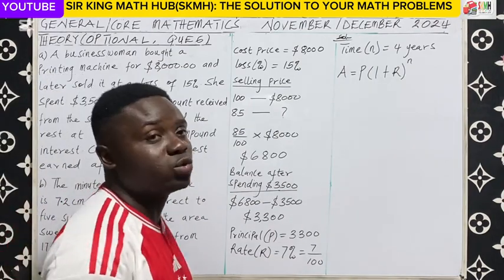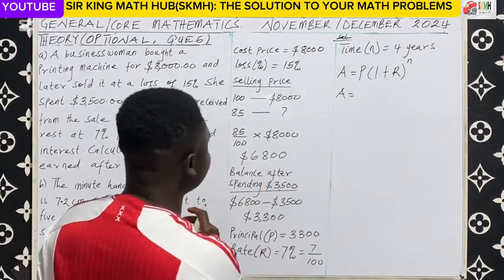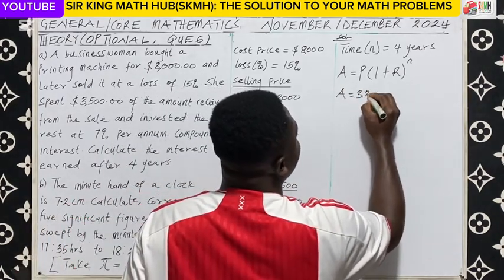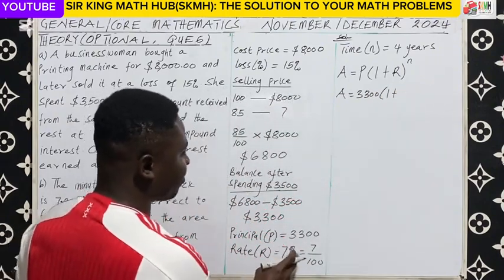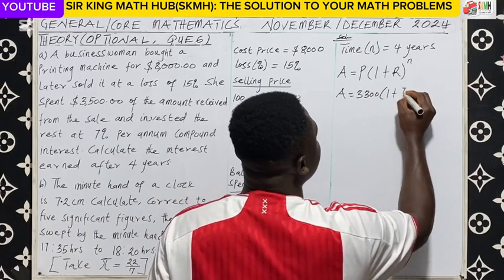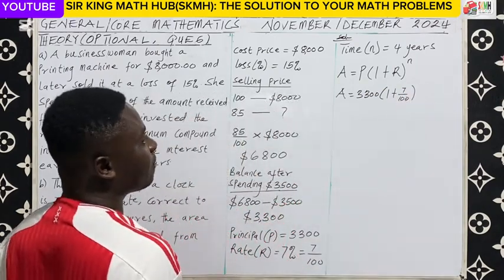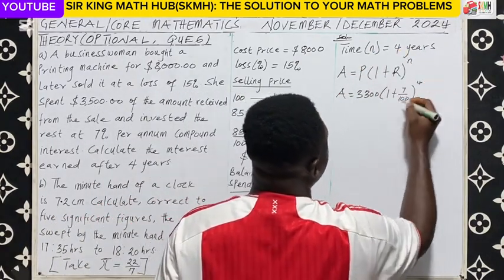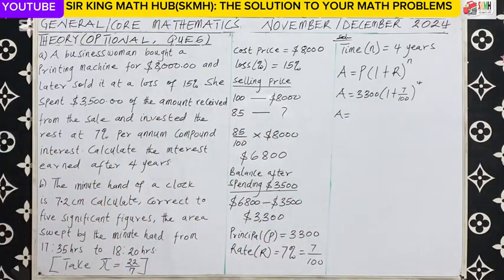So now with this, let's do the substitution. We know the principal to be 3,300. So 1 plus the rate, 7%, so 7 out of 100, exponent n, so n is the number of years. Here we have 4. So let's simplify using our calculator.